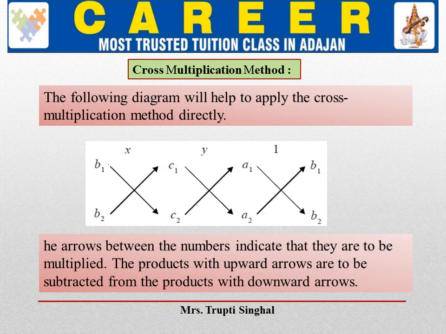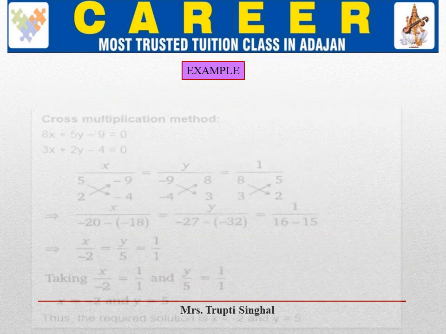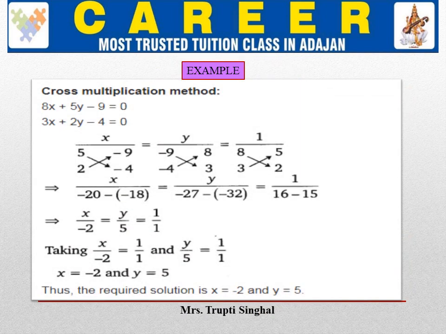The following diagram will help to apply the cross multiplication method directly. You can say that the arrows between the numbers indicate that they are to be multiplied. The products with upward arrows are to be subtracted from the products with the downward arrow. For example, if we take these two equations, the pair of linear equations, we have coefficients like this. We have to put the coefficients like this below the variables x, y and 1.